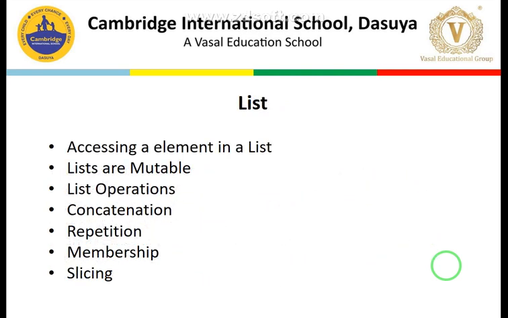Students, next the operations we applied on the list, accessing an element in the list. Lists are mutable, means its values can be changed. List operations, like concatenation, how we can combine two lists. Repetition, an element can be repeated here also.